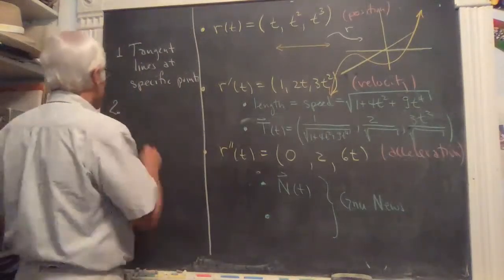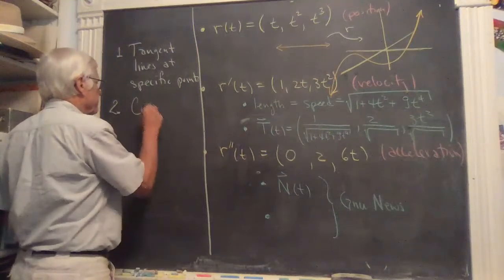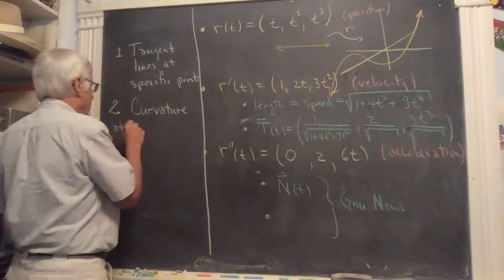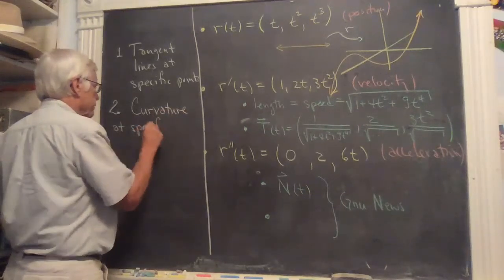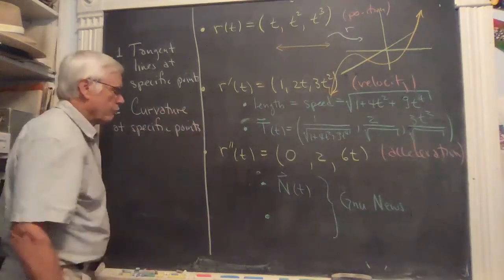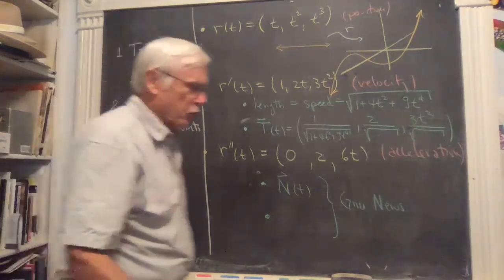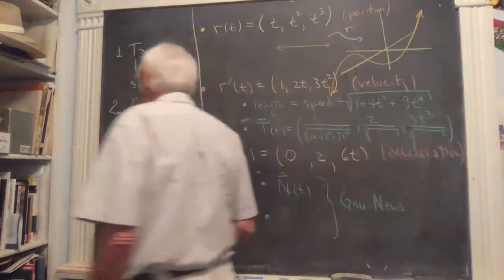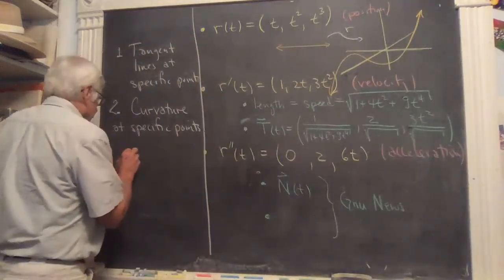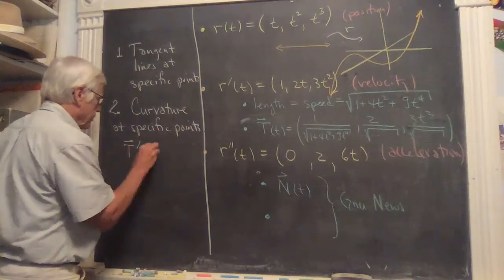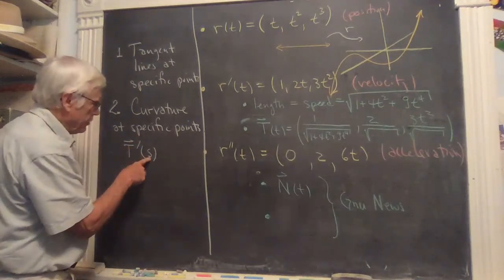And the second thing we'll want to find out is the curvature at specific points. And this curvature has a formula as well. And it is, the definition of it is the derivative of the T function, not with respect to time, but with respect to distance.